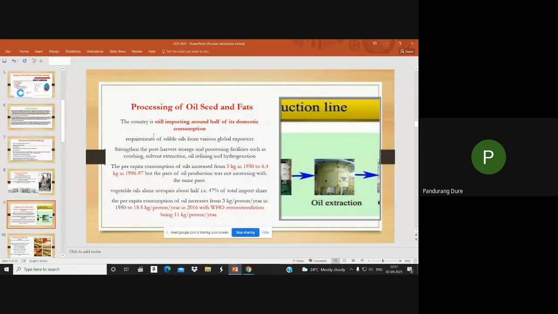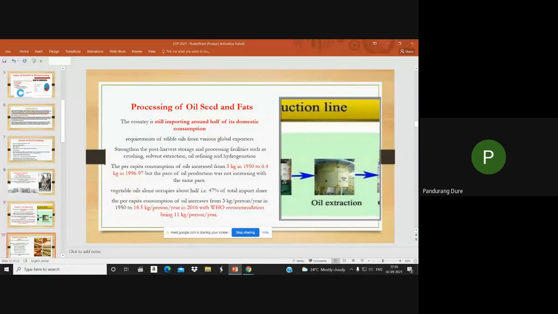So today India is still importing around half of its domestic consumption, the required and needed quantity.